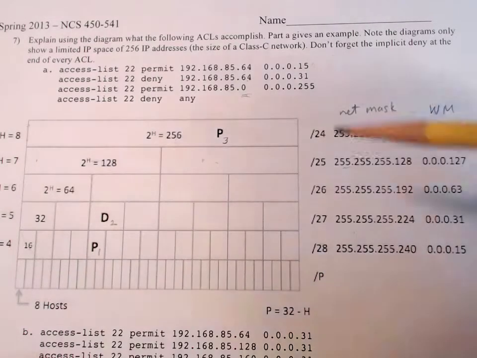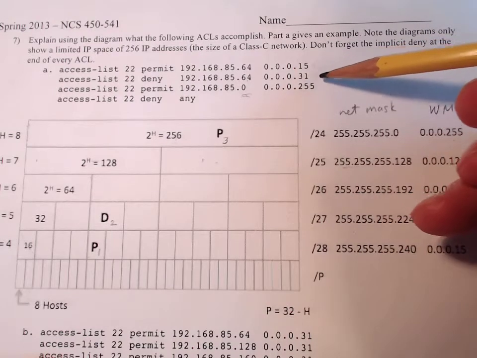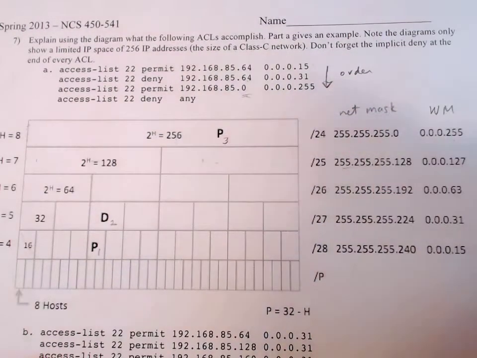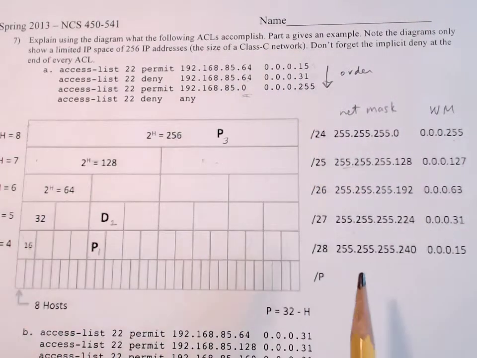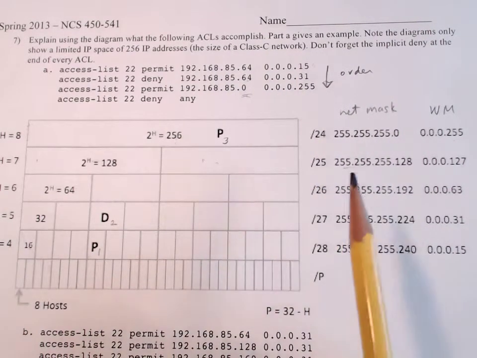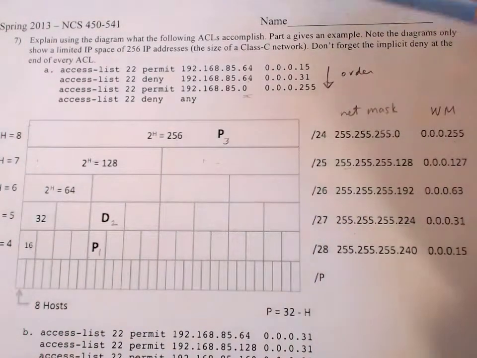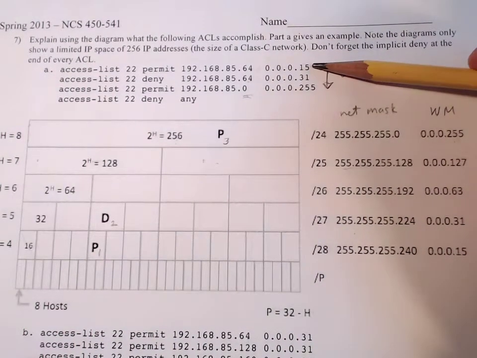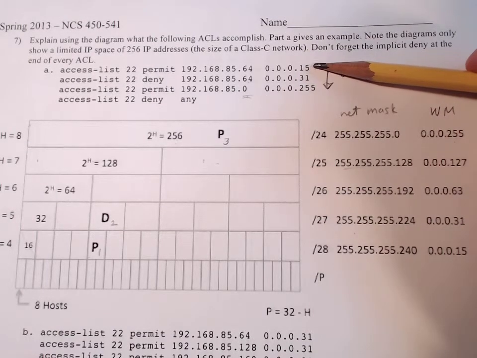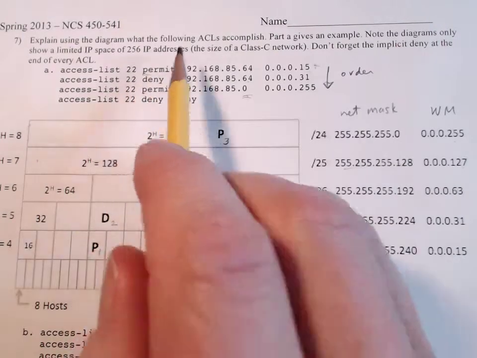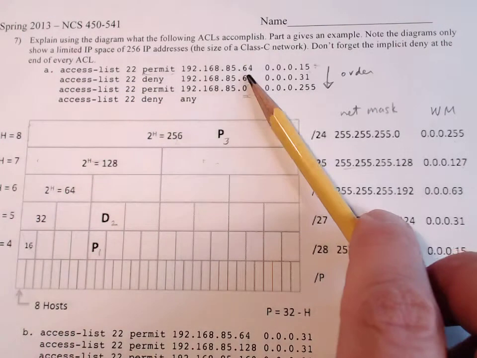When you look at an ACL, you always have to consider the order in which the entries are given, because we use first match logic. First match logic means that as soon as we find an IP address range that matches our IP address, we perform the action that the ACL says on that IP address.